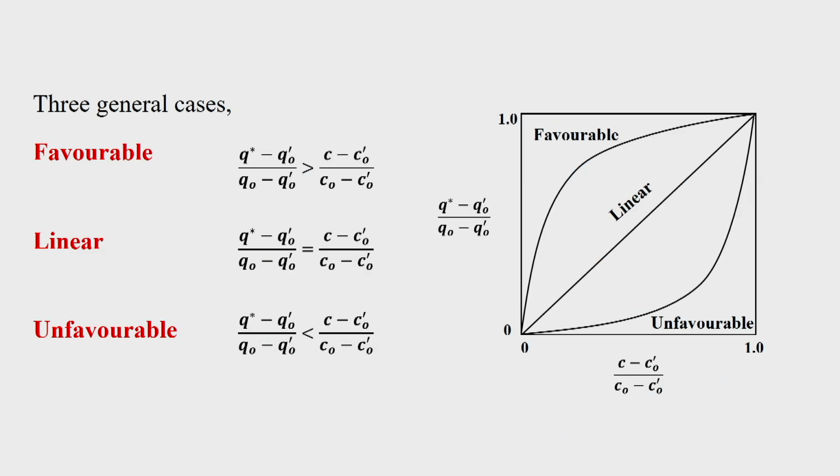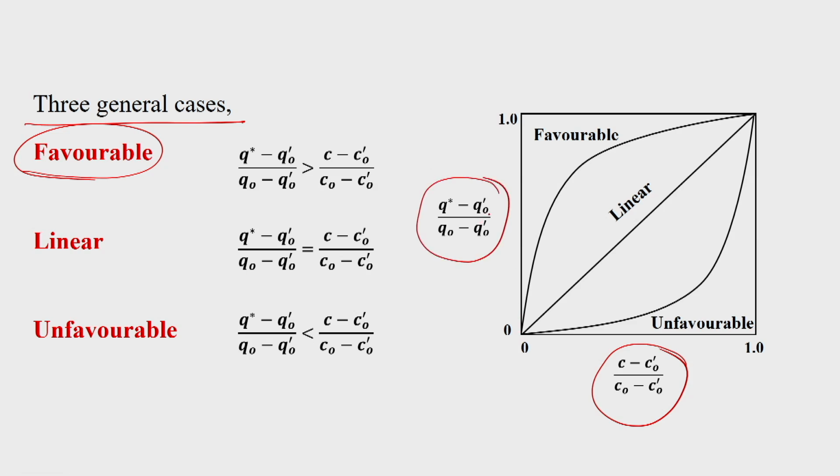But you see this one, whenever the three general cases are there, whenever we say that this is a favorable case, or the adsorption process is favorable, or the realistic one, then the increase in C minus C o prime by C o minus C o prime will be very less compared to q star minus q o prime by q o minus q o prime.